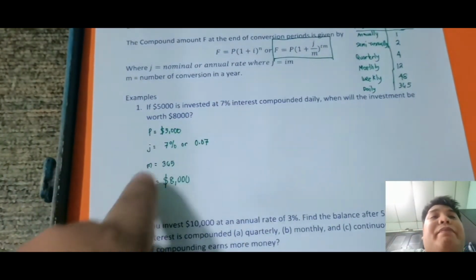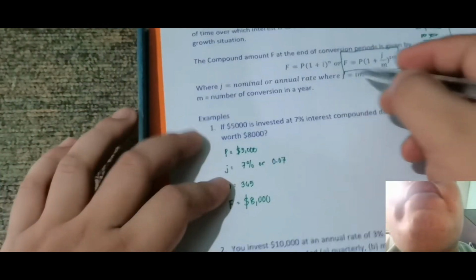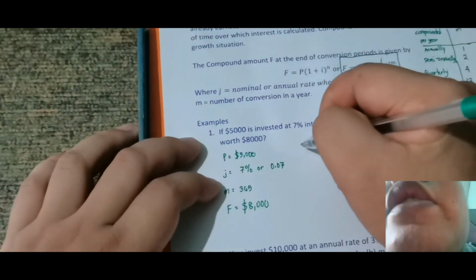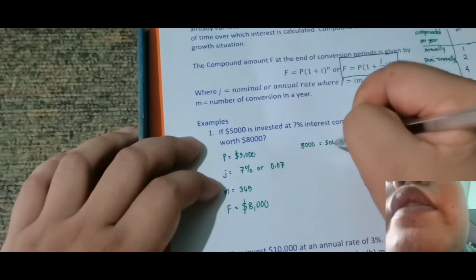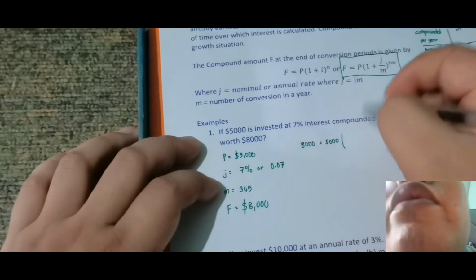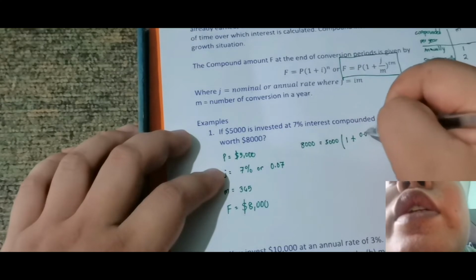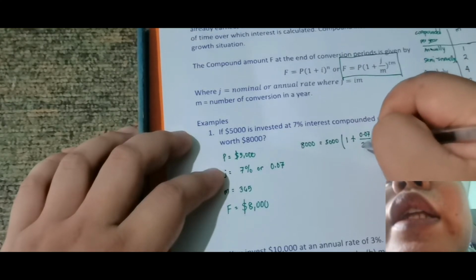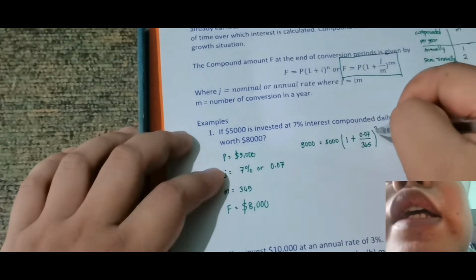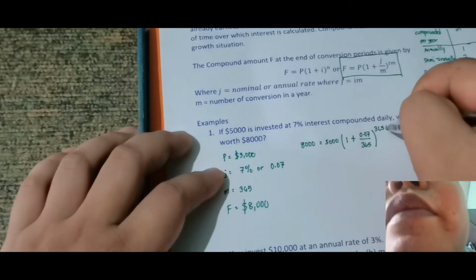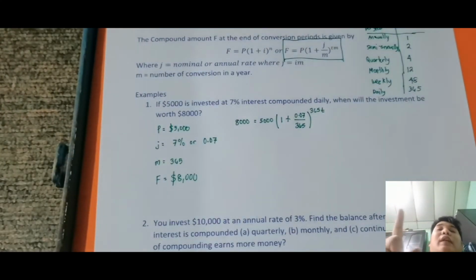So meron tayong M. So goal natin, hanapin natin yung value ng T. So we have F, so we have 8,000 dito sa part na to. 8,000 is equal to, yung P is 5,000 multiplied by 1 plus yung J, which is yung rate, which is 0.07 all over 365, then raise sa T and M. So, ano yung M? This is 365T.